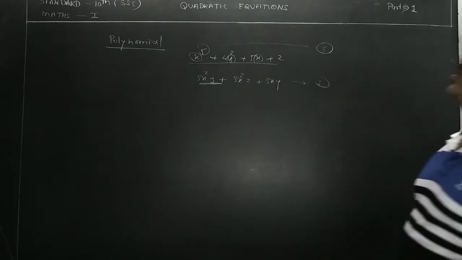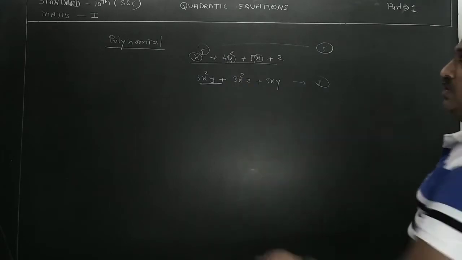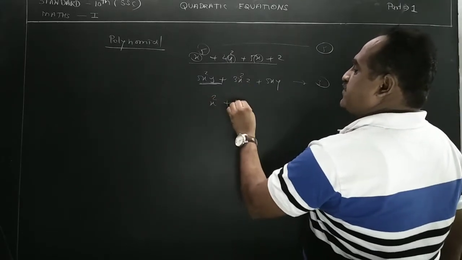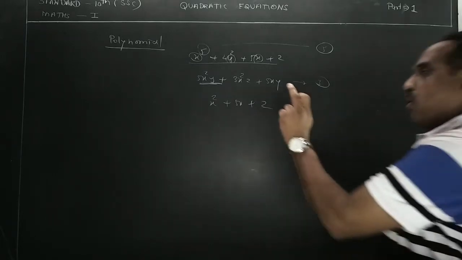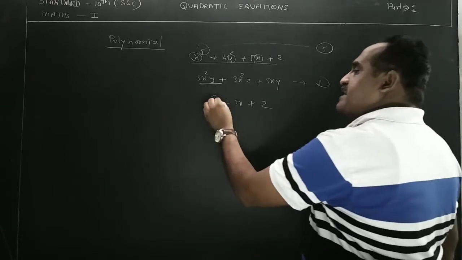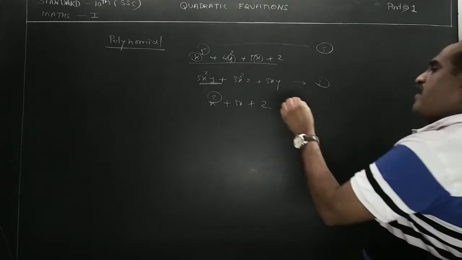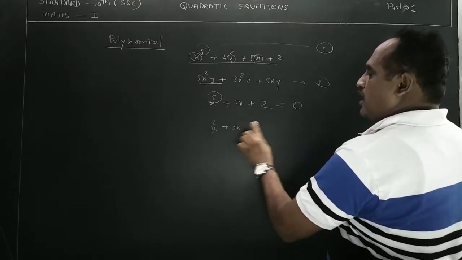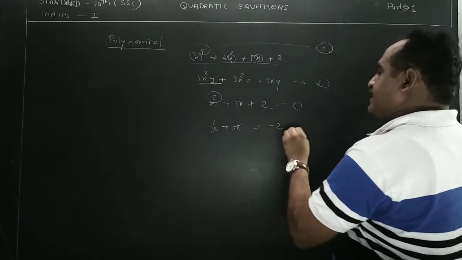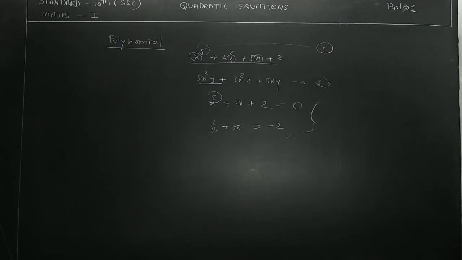But now we are going to consider the polynomial having highest index 2. So x square plus 5x plus 2 is a polynomial with one variable, that is x, and highest index is 2. It is called a quadratic polynomial. But when the equal to sign is there, like x square plus 5x is equal to minus 2, it is called an equation.